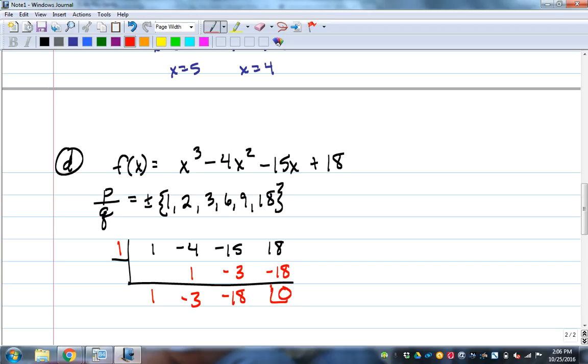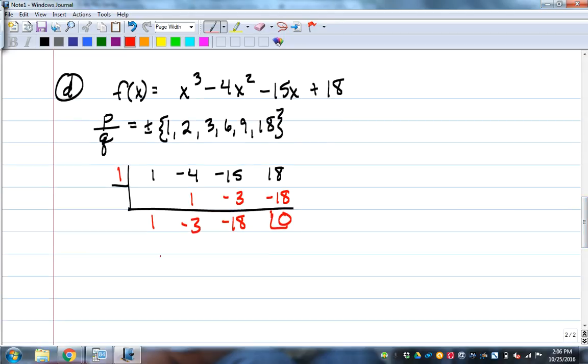Now, depending on if you used a -3 or a +6, you've got a different trinomial at the bottom than I do, but you would still end up with the same answers at the end, because we have a trinomial x squared minus 3x minus 18 equal to 0, and we can solve that either by factoring or quadratic formula. Doesn't matter which one, pick one. This one will do either.